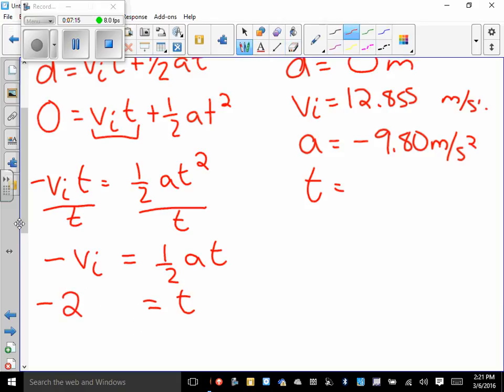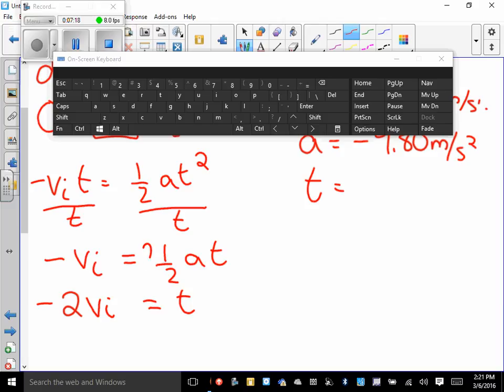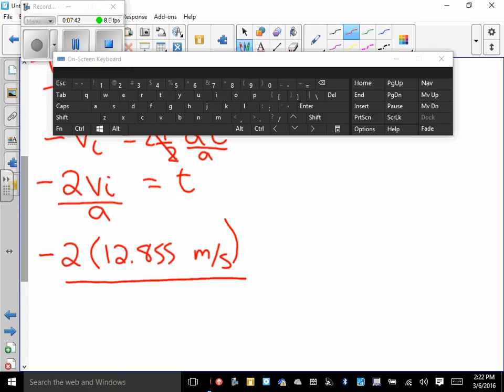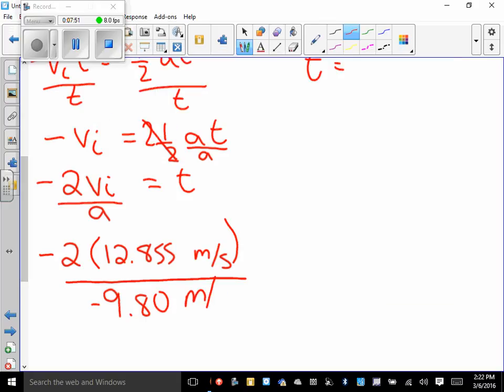Sorry, I almost tried to do 2 steps at once. So negative 2 times my initial velocity, 12.855 and all that. I would actually put it all in to do a good job, I'm just showing that we can do different methods here. Then divided by negative 9.80 meters per second squared is equal to time.